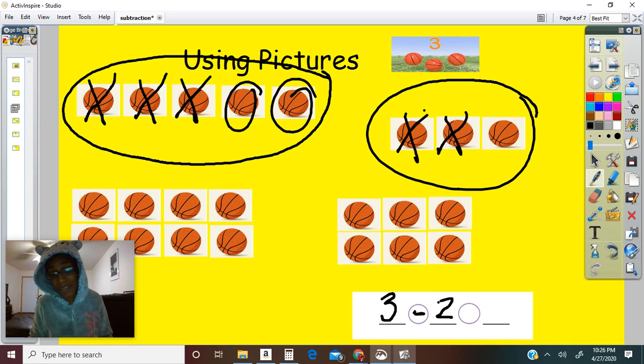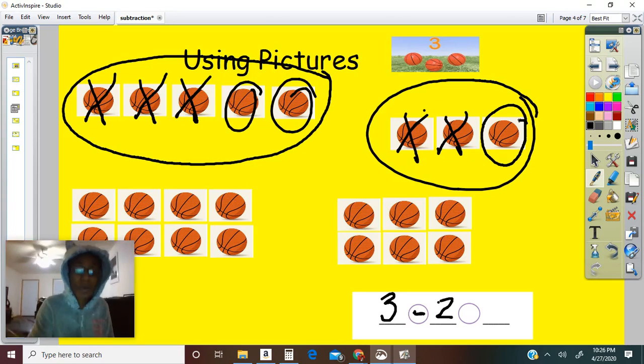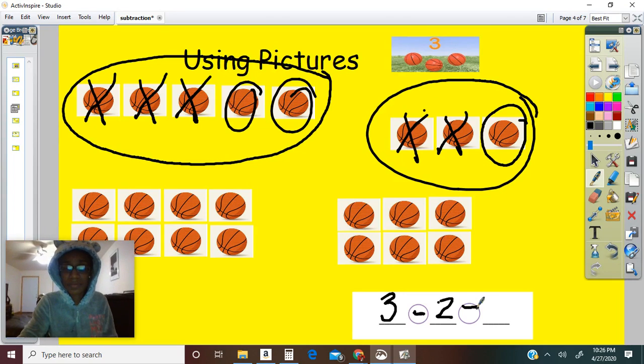Now how many do I have left? Absolutely 1. That lets me know that 3 minus 2 equals 1. Awesome job, guys. You're doing an amazing job with the pictures.